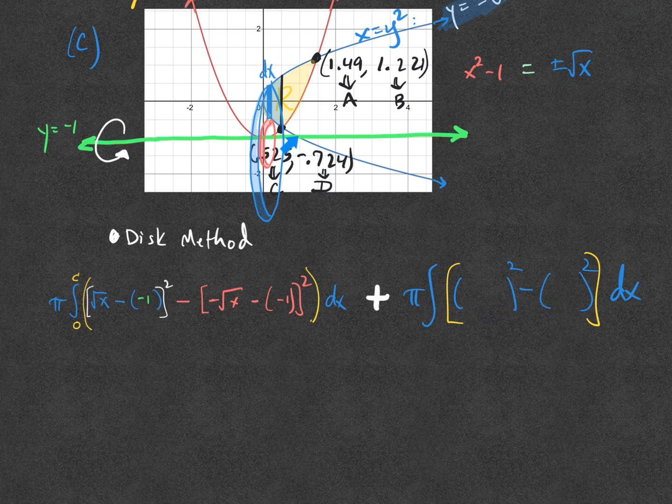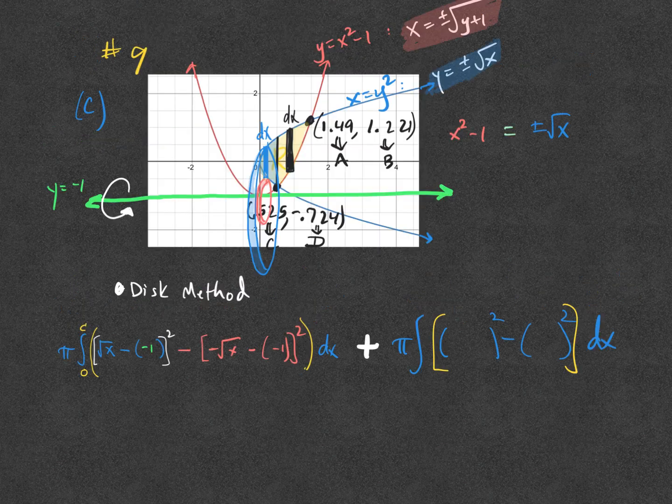So the outside radius will be the distance from the blue curve to the green line. Looking at a represented rectangle, the outside radius will be from the green line to this part, so this y value minus this y value. Square root of x, that's that y value, minus the green y value, which is -1.